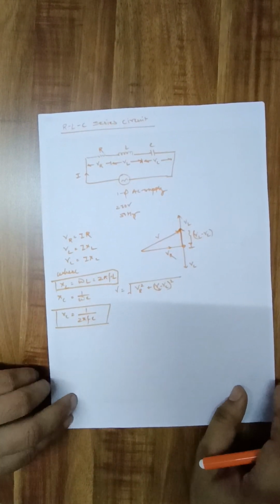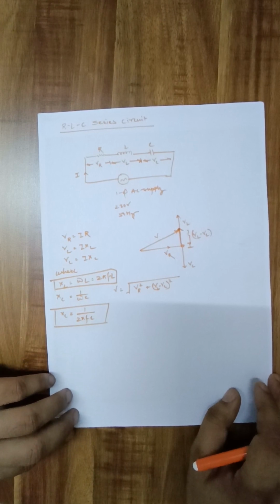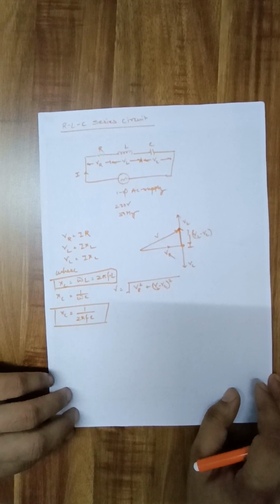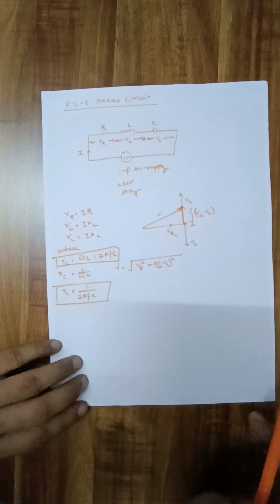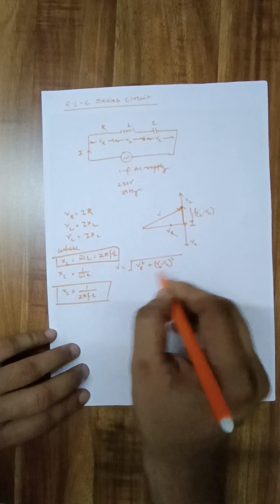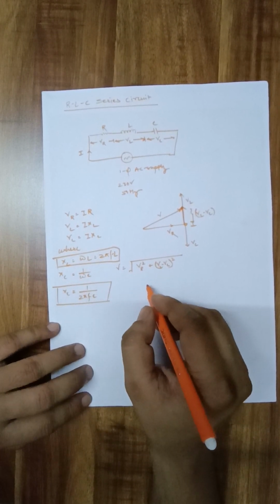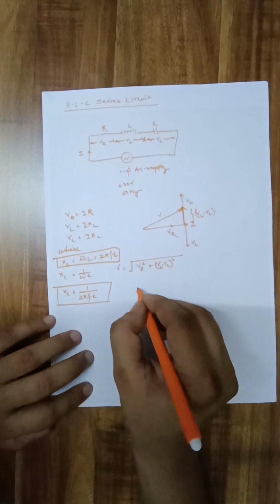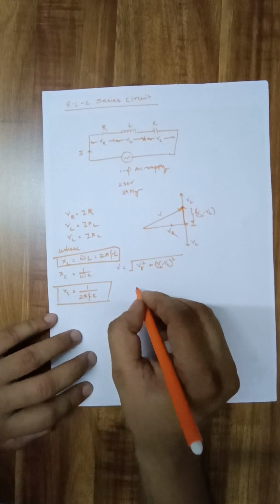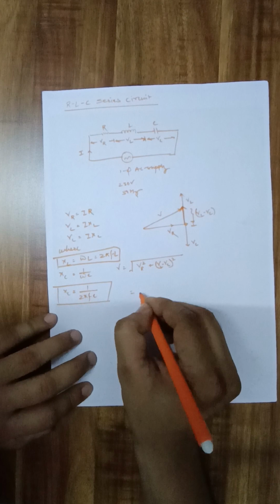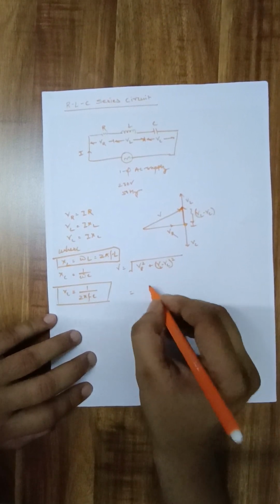Clear? So the value of voltage across inductor and capacitor will depend on the value of inductor and capacitor. Now this will be your overall voltage. So from here, if I will multiply this whole with current, or put the value of VR, VL, and VC, then what will happen?